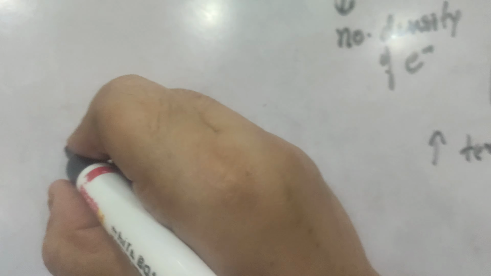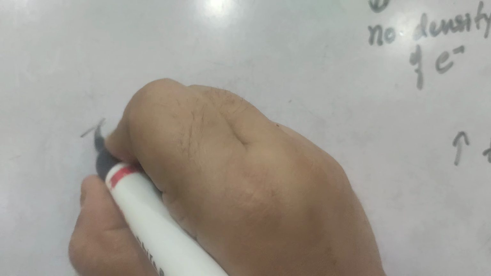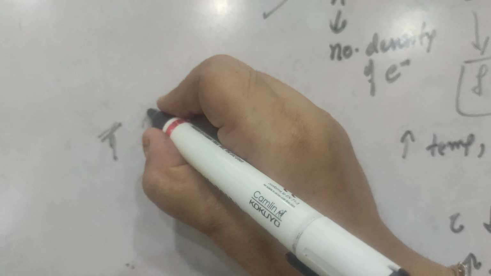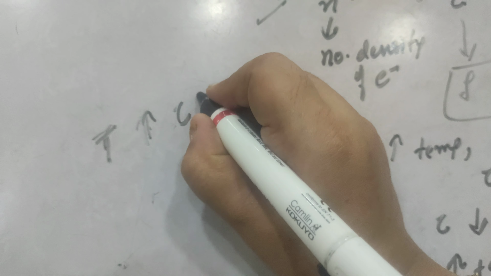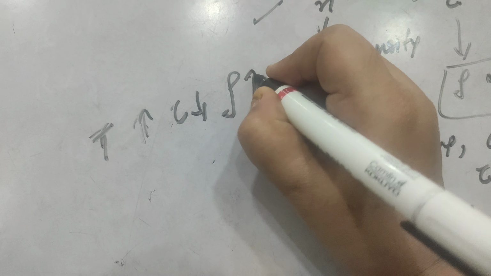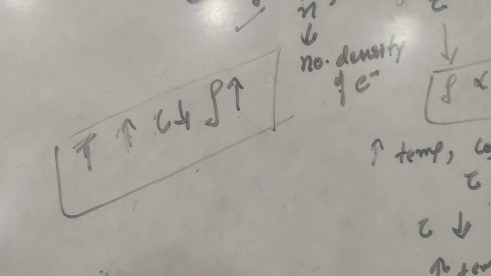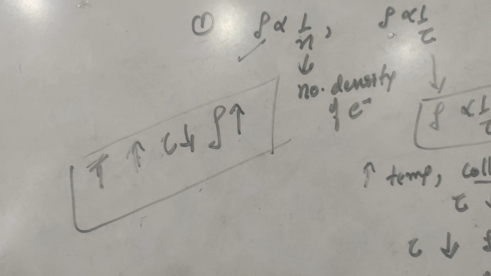And more specifically we can write, if temperature increases, tau decreases, rho increases, and hence we can verify that it depends upon temperature also.